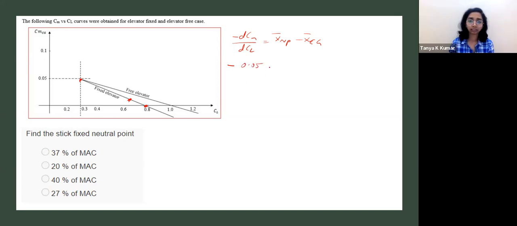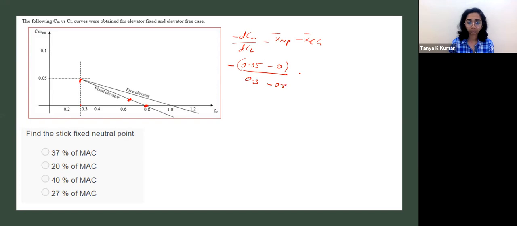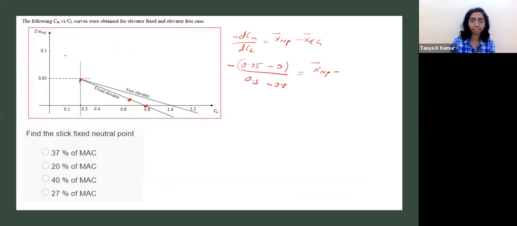CM at this point is 0, CL at this point is 0.3. So the slope gives 0.3, which equals x bar NP minus x bar CG. x bar CG is given in the question as 30%, so 0.3. Now, how much is x bar NP?